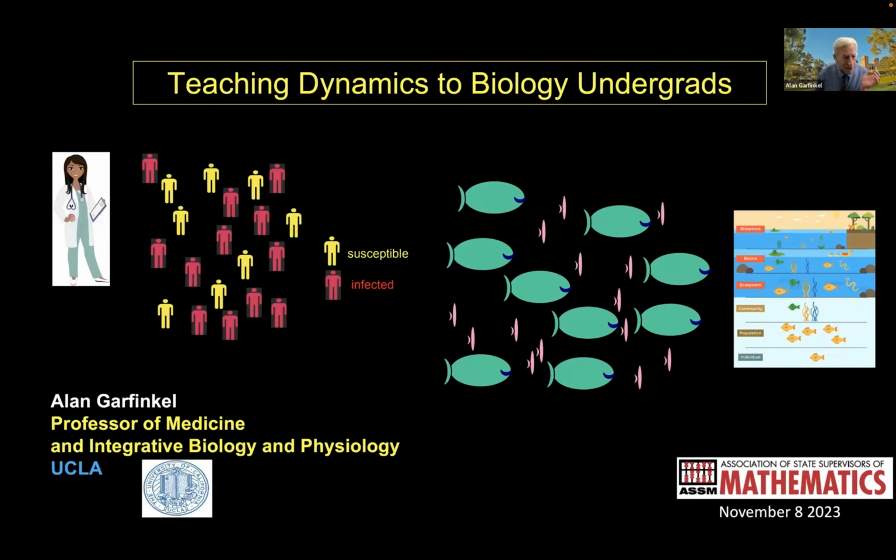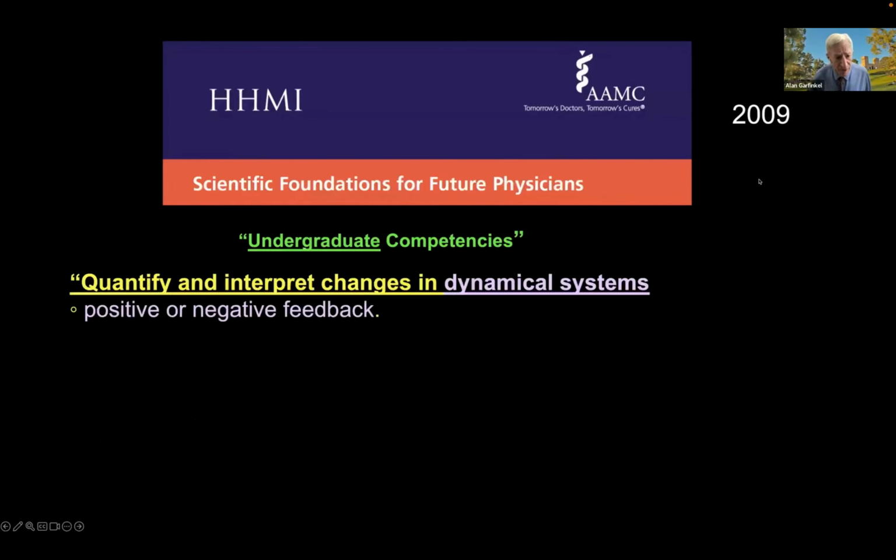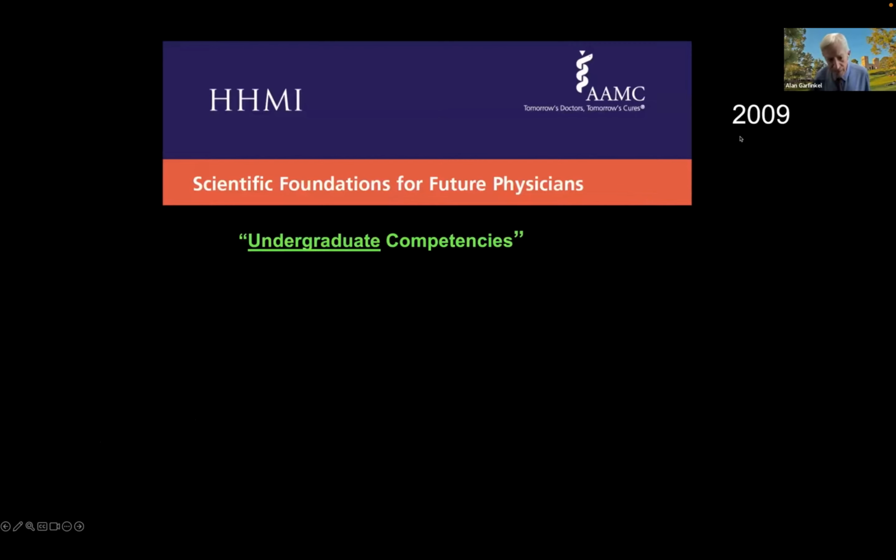So where did this get started? It got started around 2010 with 3 major position papers, brochures from major national organizations. In 2009, the Howard Hughes Medical Institute and the American Association of Medical Colleges, which is the Association of Medical Schools in the United States, put out a brochure called Scientific Foundations for Future Physicians.